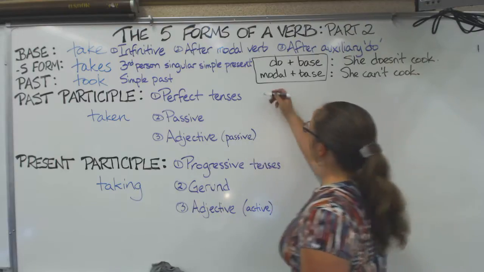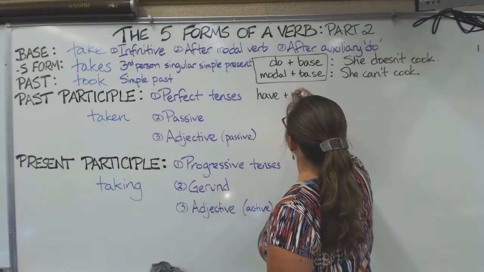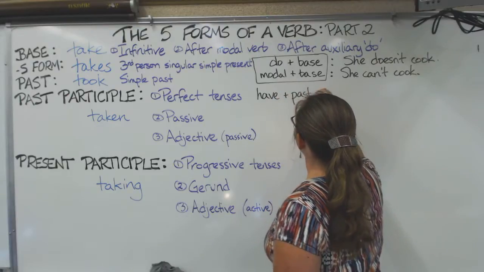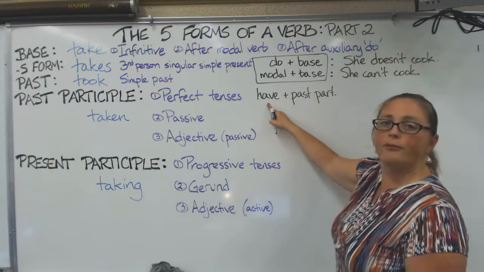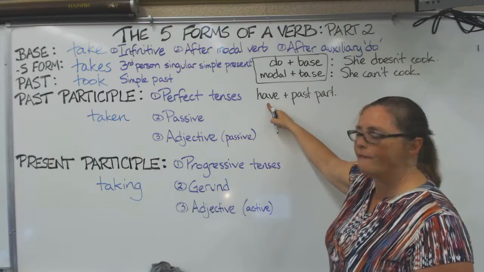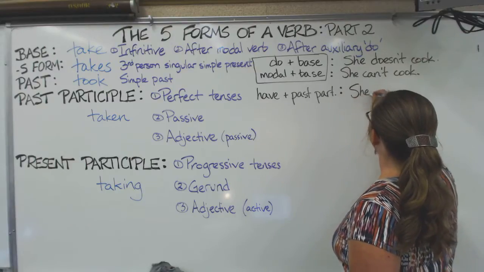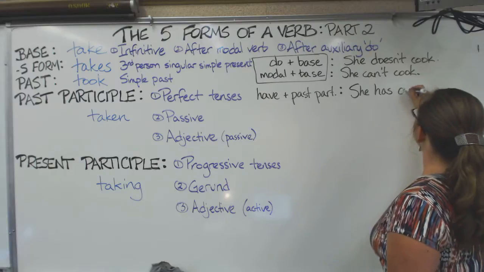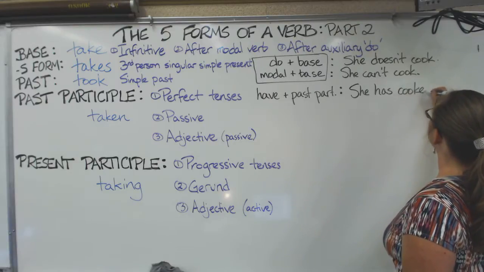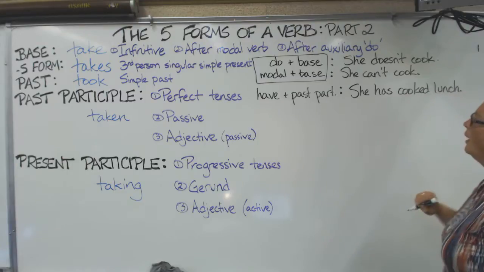Past participle for perfect tenses. You are going to use the auxiliary verb have. Okay?